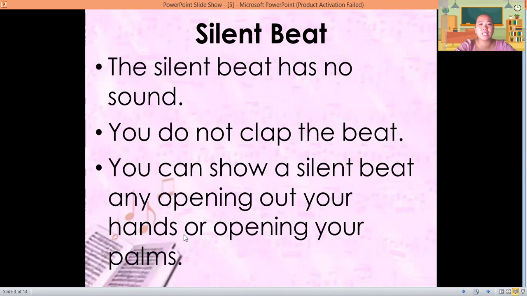Now, the silent beat has no sound. We're quiet. You do not clap the beat. In our steady beat, we are clapping ta, ta, ta. But here in silent beat, you can show a silent beat by opening your hands like this. Instead of clapping, you are going like this. Okay?